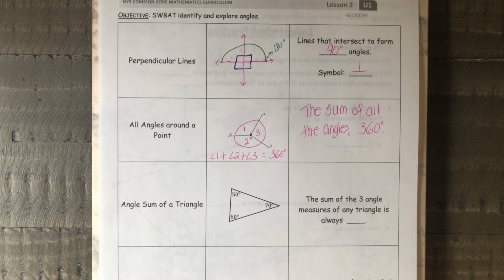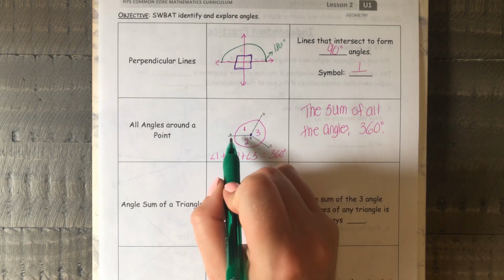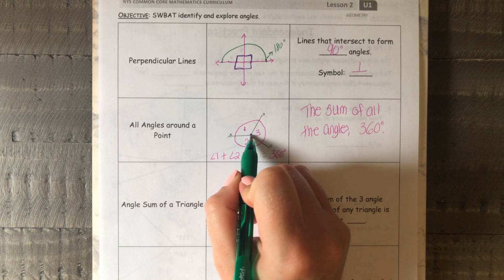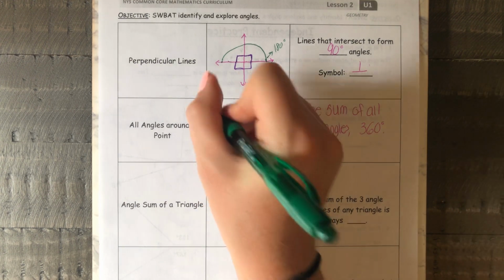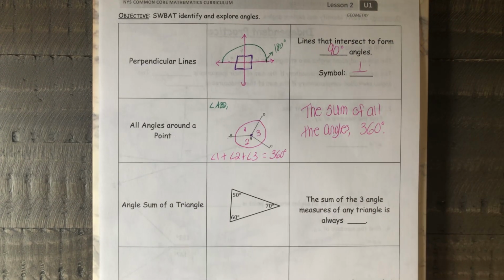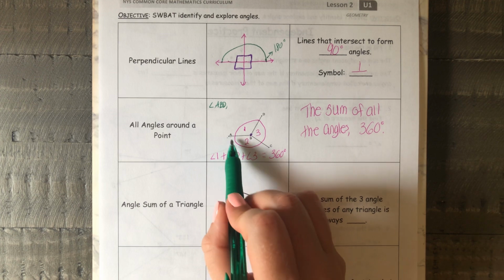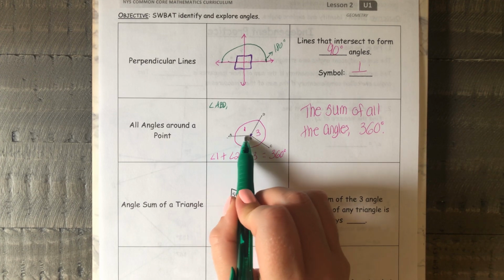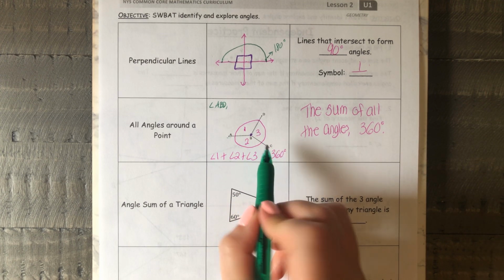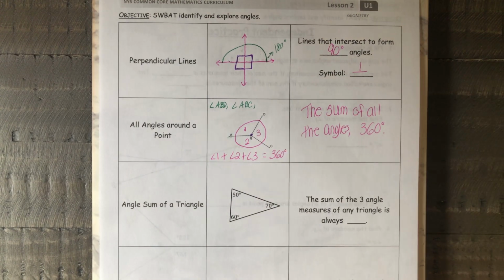I also want to quickly go over how we could name all 3 of those angles. If I wanted to name angle 1, I'm going to call it angle ABD. I'm going to put that at the top. If I wanted to name angle 2, I might call it angle ABC.